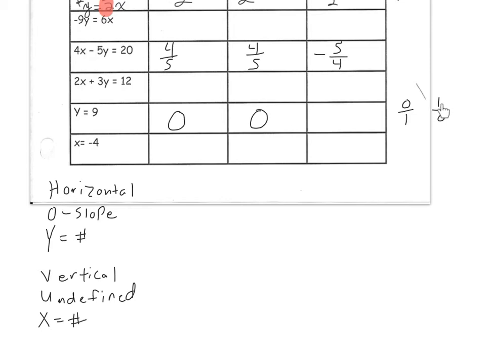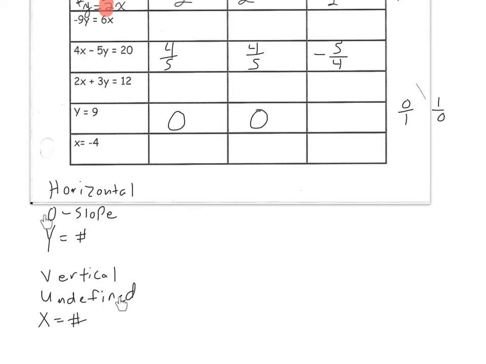But if we think for just a minute, what's the opposite of a horizontal line? The opposite of a horizontal line, or at least the inverse of it, is going to be a vertical line. So, what's the slope on a vertical line? It's undefined.